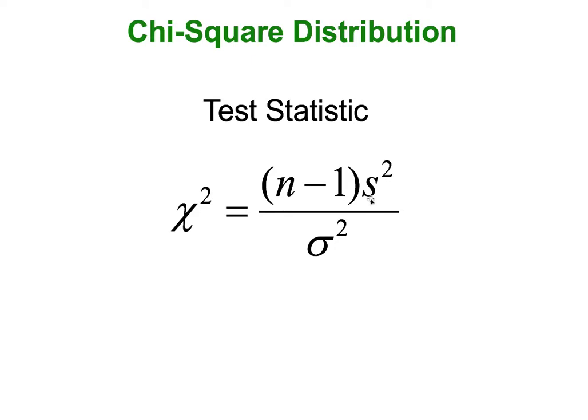If so, you're going to have to square it to get the variance. You may be given the population standard deviation, and in that case you will have to square that to get the variance. If you're given the variance already, that's already squared, so you don't need to square it here.